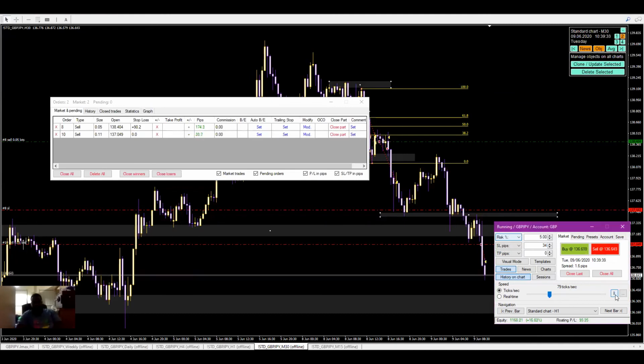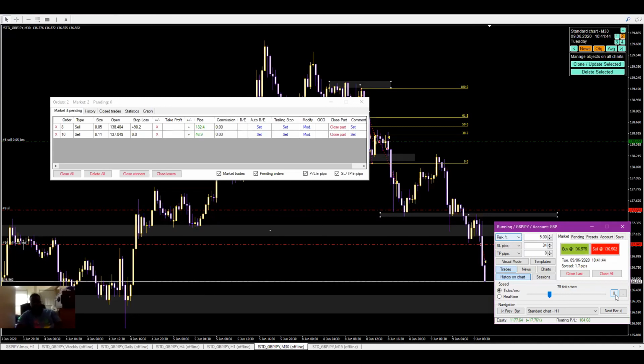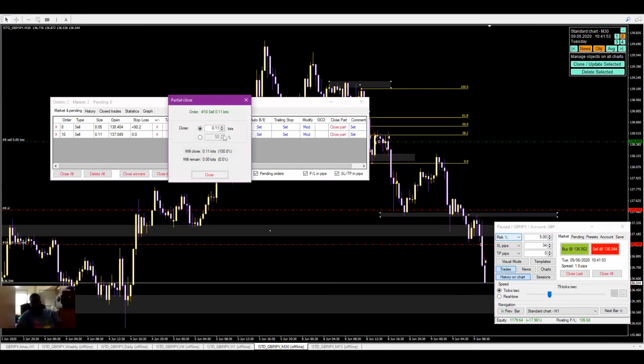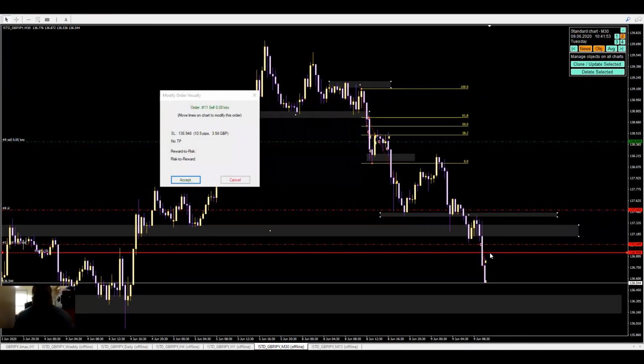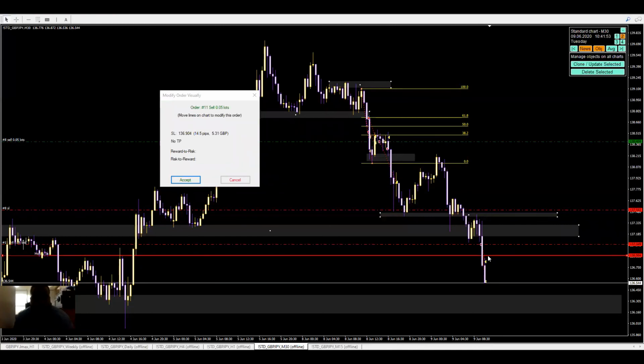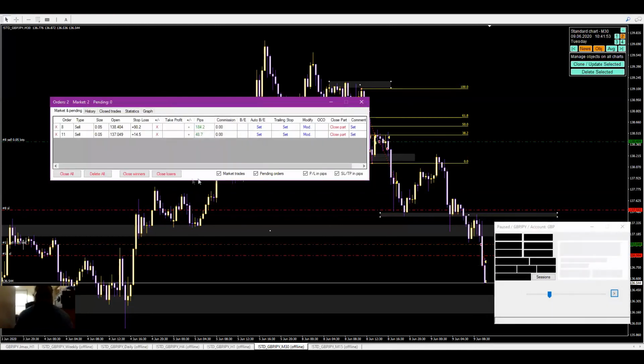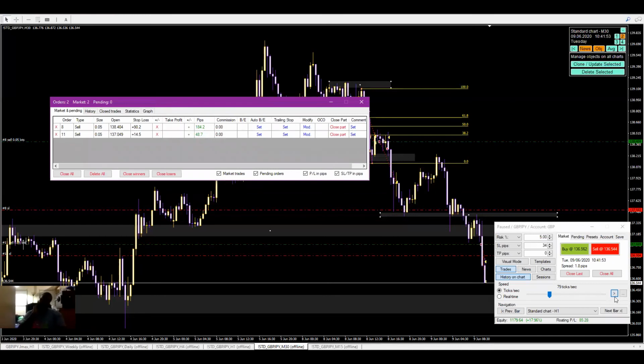So we could hold, we honestly could, but right here I would probably take some more partial profits. I'm chilling. And then I'm moving my stop loss above this current candle's top wick.